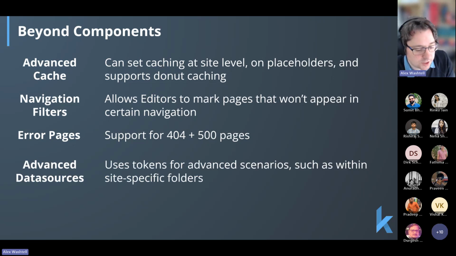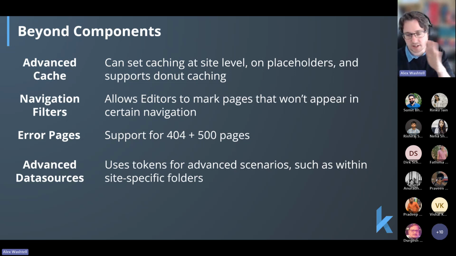There are advanced data sources, so the sources for fields. There's a set of advanced tokens that you can use, which are really handy. When you're writing your Sitecore query for where content should be pulled from, either in a Sitecore field or the data source, you can effectively say, I want you to look at pages of this template, but only under my site.